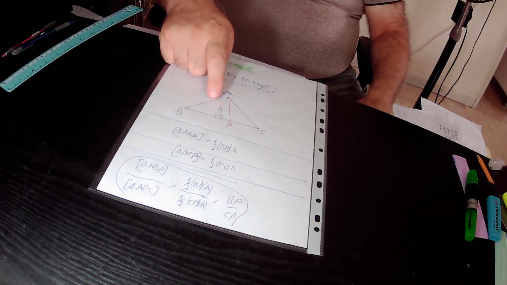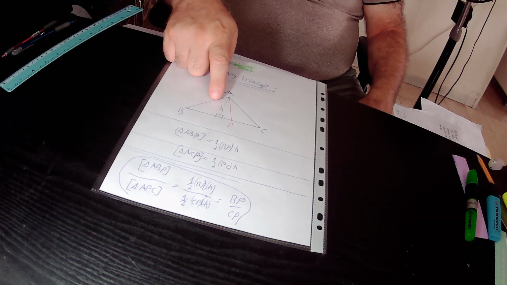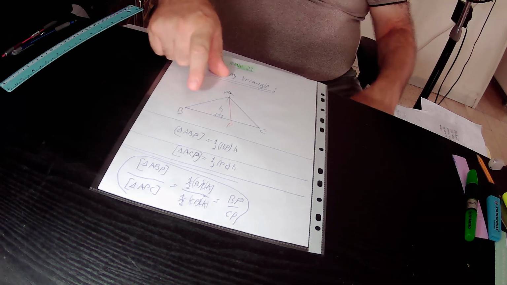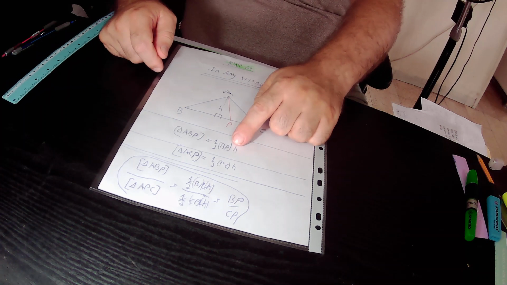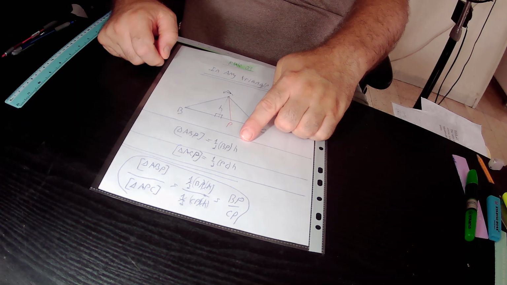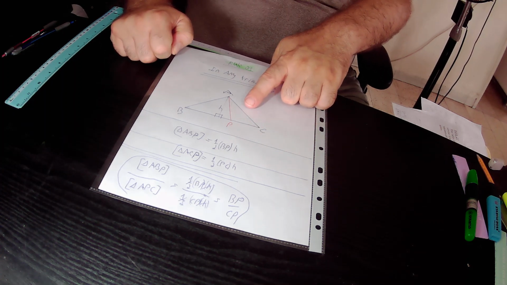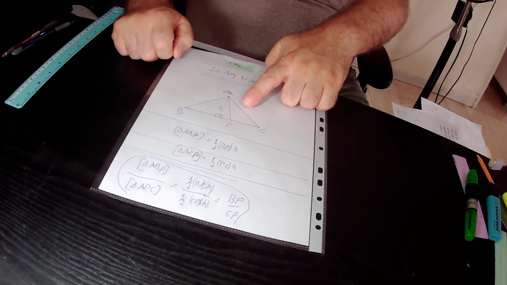So the area of this triangle ABP is equal to the base of the triangle, that is BP, times the height H over 2. The area of this triangle APC is equal to the base PC times the height H over 2, because both triangles have the same height.